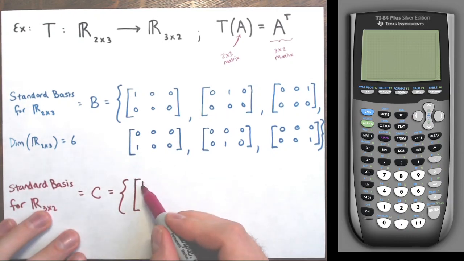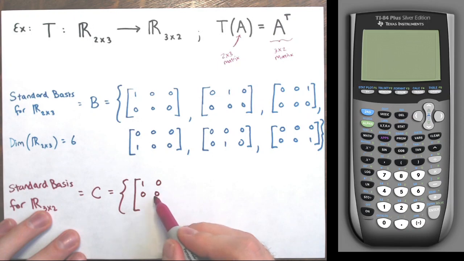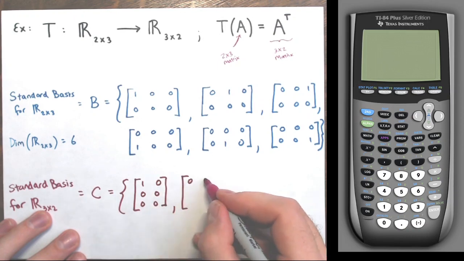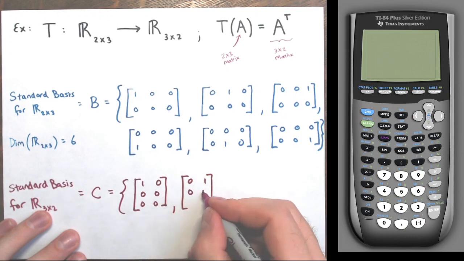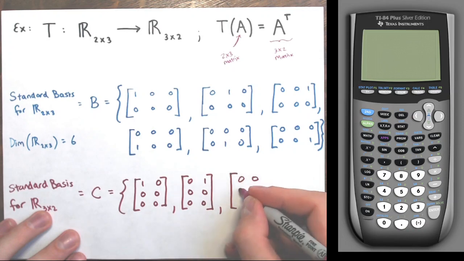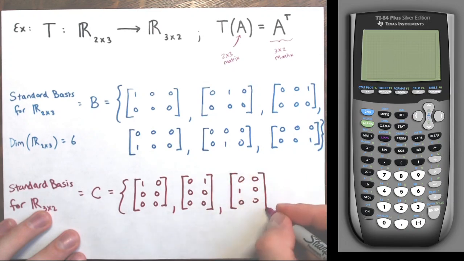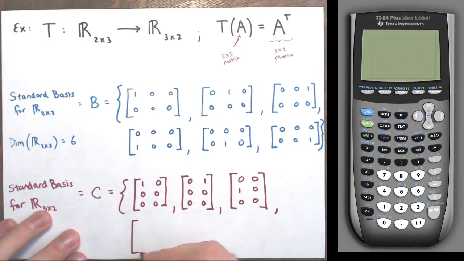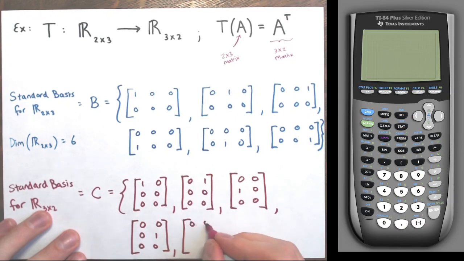So the first one has the 1 in the upper left-hand corner and 0 everywhere else, then 0 here, 1 there, just moving the 1 around, 0 everywhere else, and so on, and finally 0, 0, 0, 0, 0, 1.